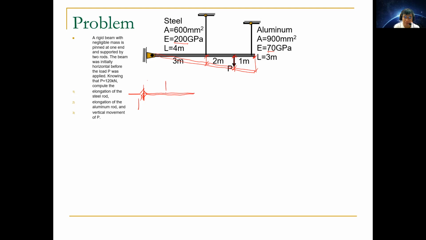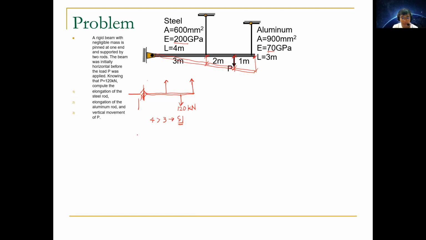We have a force coming from the steel section, coming from the aluminum section, and what is known is only the 120 kilonewton coming from P. Notice that we have here 4 unknowns. 4 is greater than the 3 equilibrium equations, meaning it's statically indeterminate. So that's how you determine whether it's statically indeterminate or not.